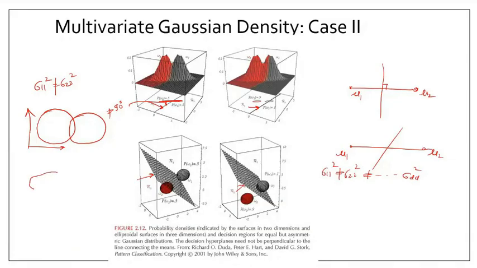So this is of this shape and this is of this shape, and then the decision boundary may be like this. Here the decision boundary is like this, and your mu1, mu2 are like this, so this will be 90 degrees. Now here mu1, mu2 are here and the angle is not 90 degrees. So this kind of thing will happen.